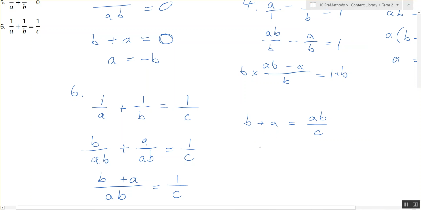Now we want a by itself, so the last step is to minus by b. And that's it. You can also write this as ab minus bc over c.